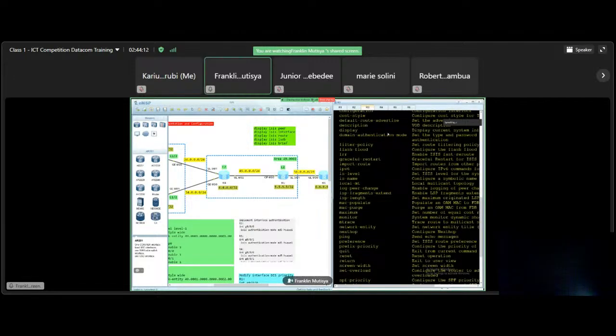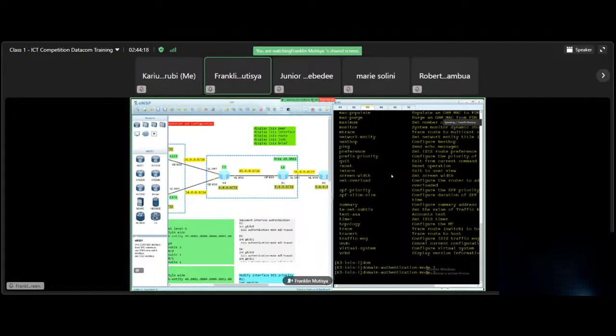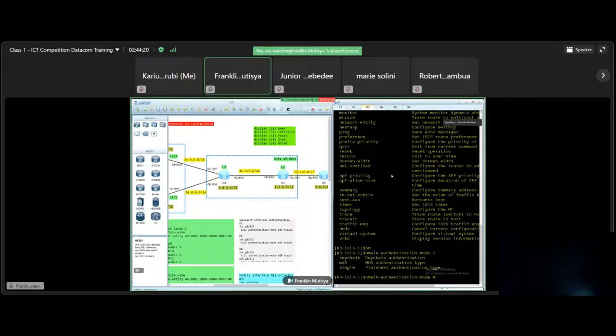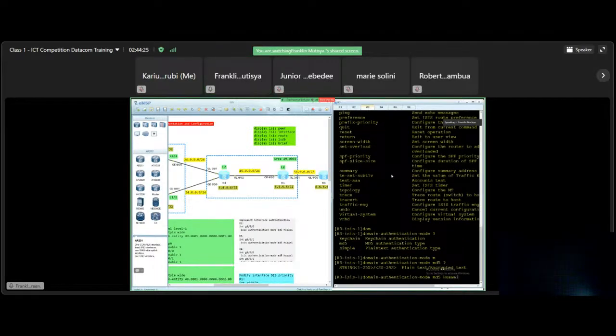We call it domain authentication. I was looking for this command here: domain-authentication-mode. Then you specify that the domain authentication is MD5. Then you put a password, maybe you say Huawei. But you have to ensure that all the routers in that domain have been configured with the same password. Let me go back.